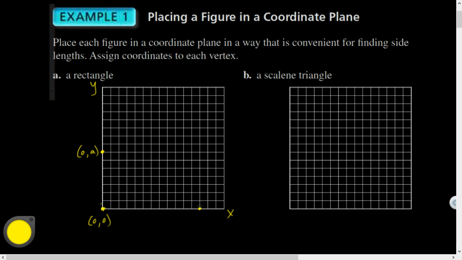Here's another value; I could call this B, comma 0. And so this length of the rectangle, how long is that? A units long. You see that?